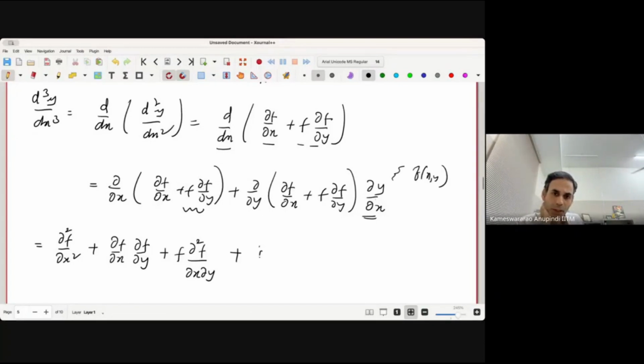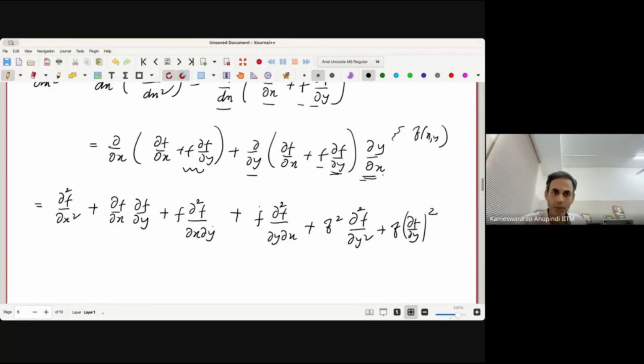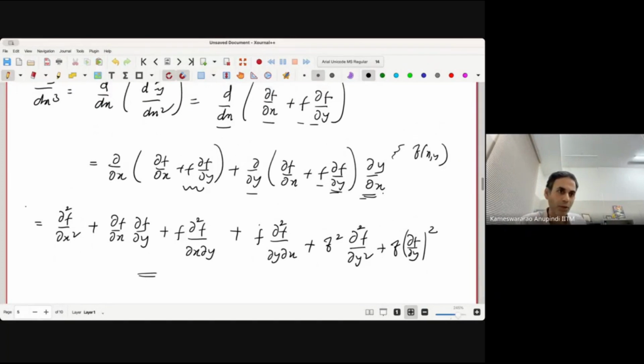So the first term is going to be f times dou square f by dou y dou x, plus the second term, where again there are going to be two terms. The first one is f times f, that is f square times dou square f by dou y square, plus the second term is f times partial f partial y, and then there is a partial f partial y already. So this is going to be f times partial f partial y whole square. So that means you got 1, 2, 3, 4, 5, 6 terms for d cube y by dx cube.